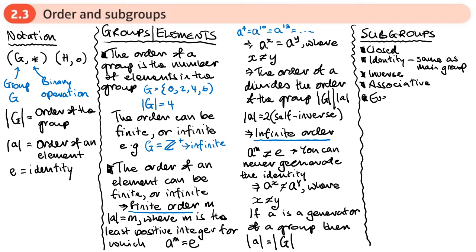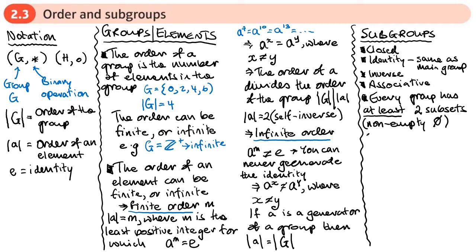So write this down: every group has at least two subsets. We're not talking about subgroups, we're talking about subsets. And these are going to be non-empty. So we're not talking about the empty set, which we've talked about before.